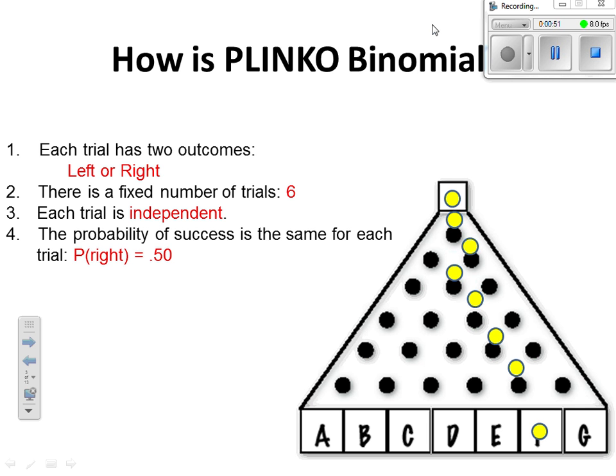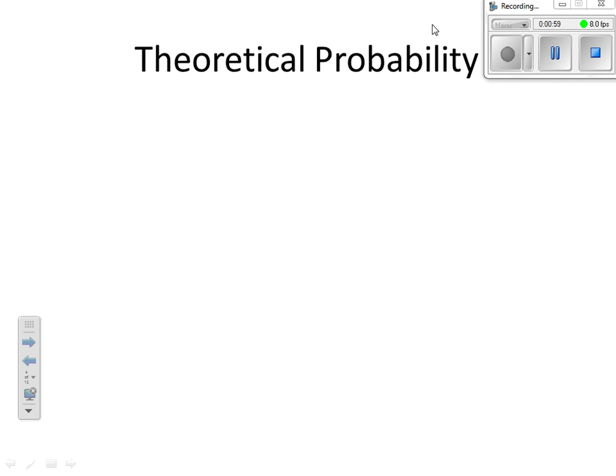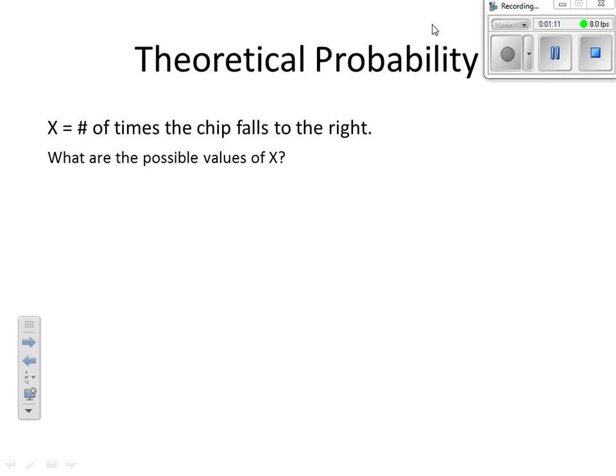So what we're going to do is extend what we've been learning about these probability settings, and we can create those probability distributions for something like this, even though it's a bigger sample. We'll define x as the number of times the chip will fall to the right, and there are 7 possible outcomes.